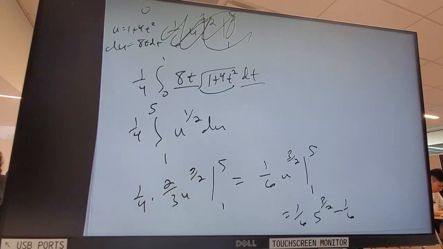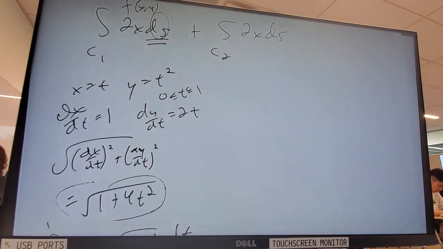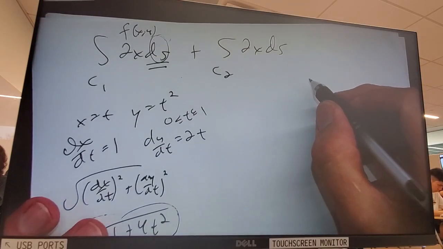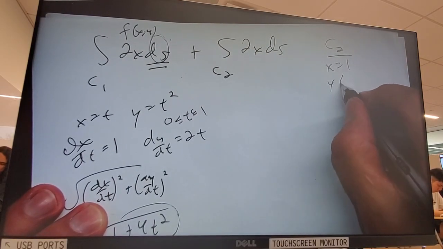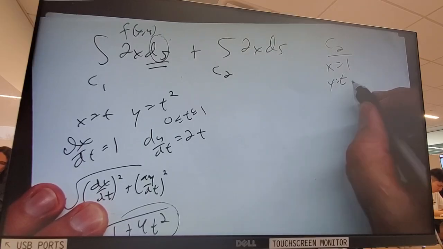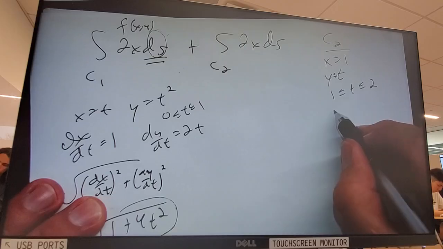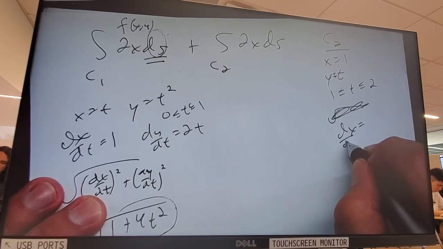But we still haven't done the other path, okay. So just to remind you, C2: we said x was 1, y is t. T goes from 1 to 2. And what is dx dt?